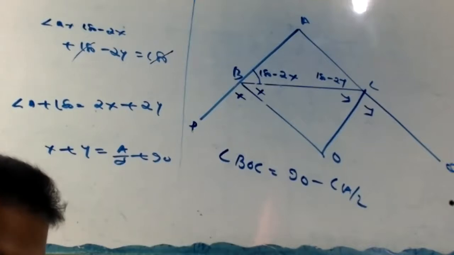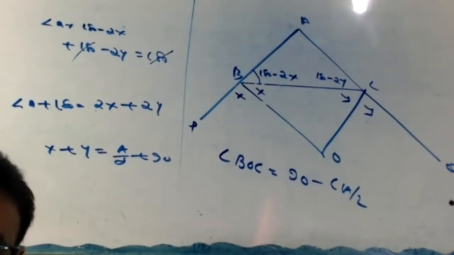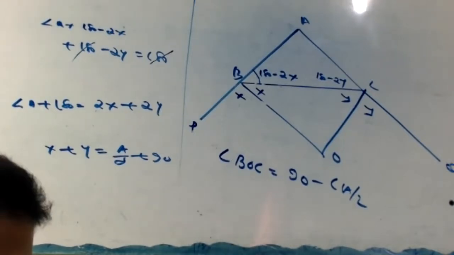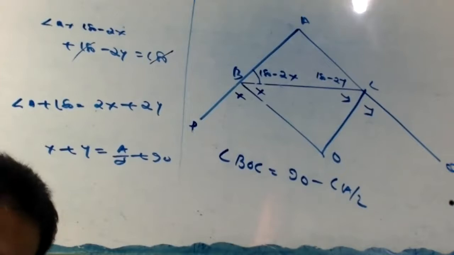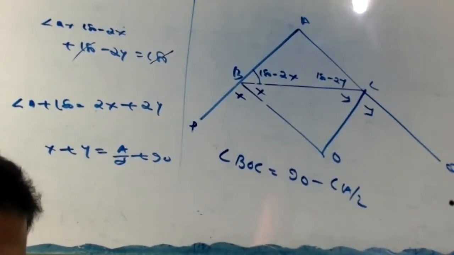Given a triangle ABC in which sides AB and AC are produced to P and Q.